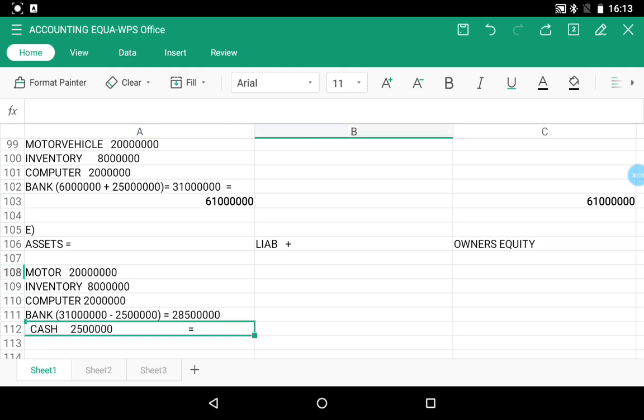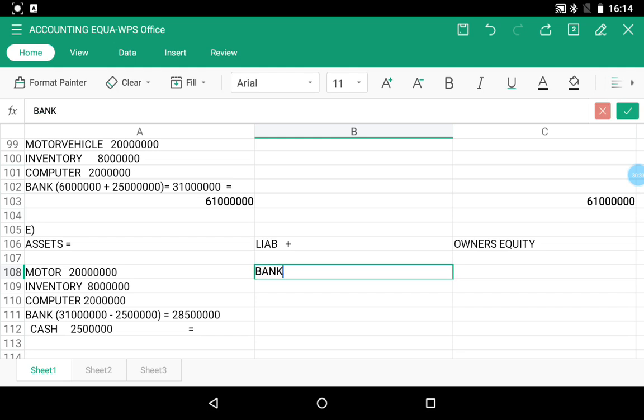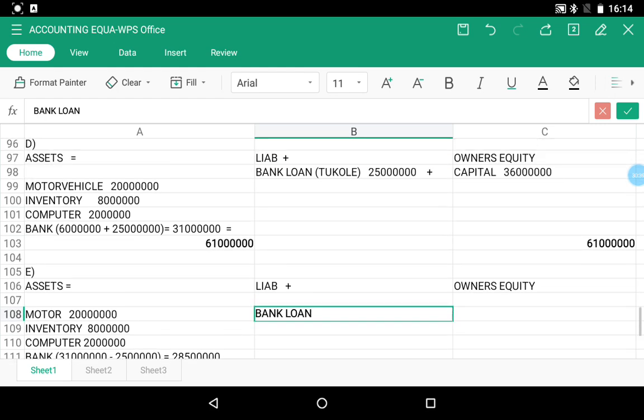Now we go to our liabilities. We still have our bank loan from Tukole. Our bank loan was 25 million. Those are liabilities, and we don't have any other liabilities.